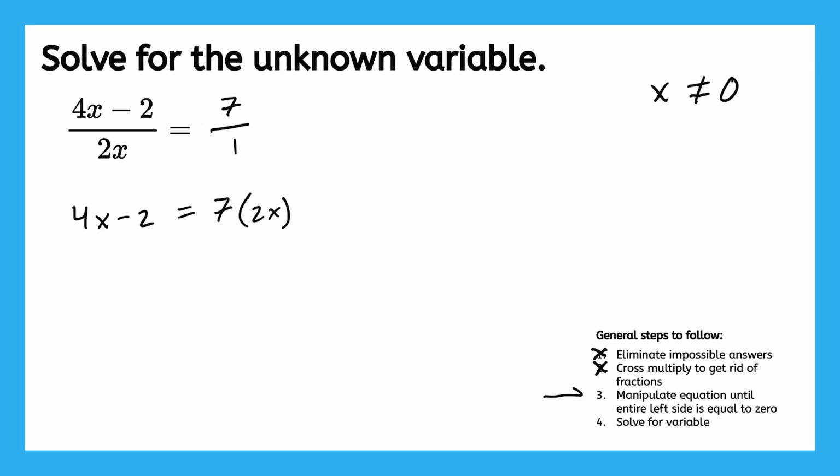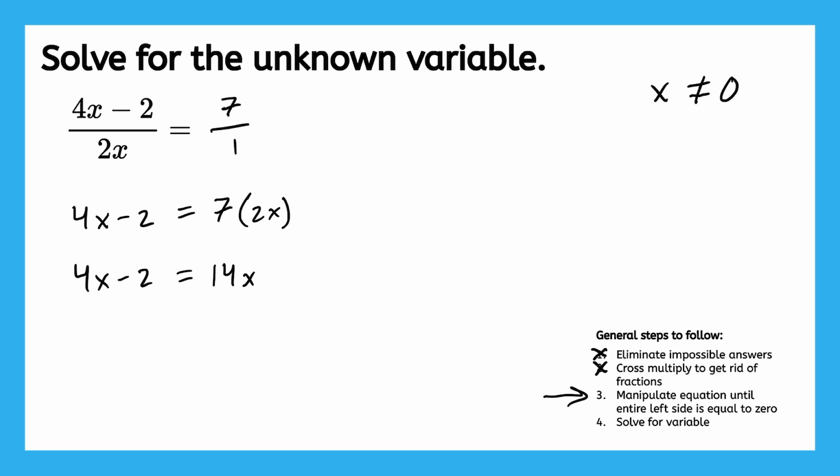And now we need to manipulate the equation until the entire left side is equal to 0. Before we do that, let's try to simplify both sides if possible. This left side cannot be simplified, but this right side simplified would be 14x. So now, how do we do step 3?